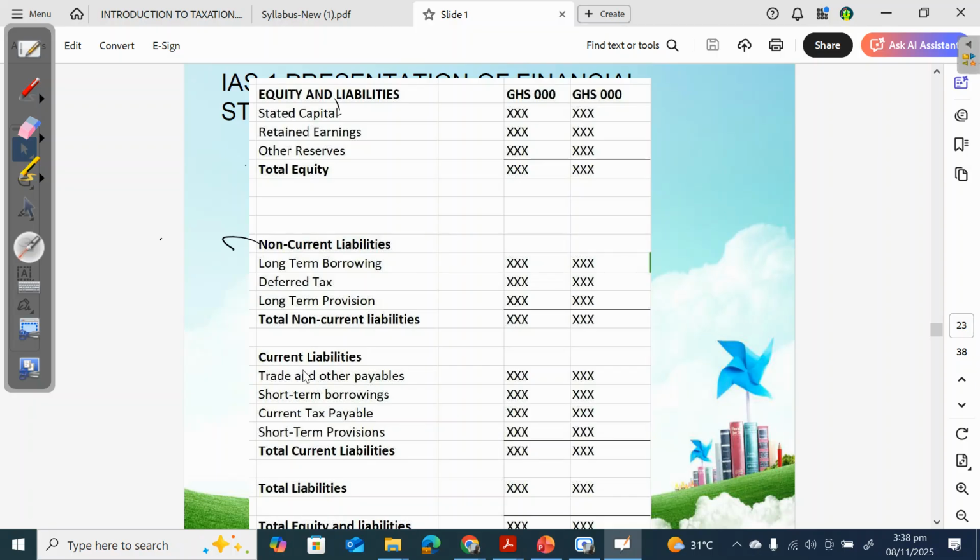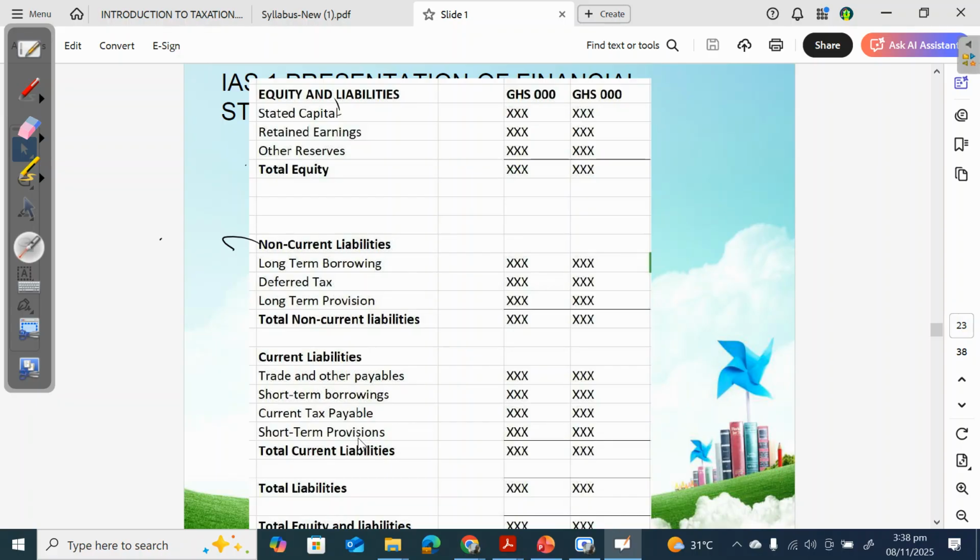When we come to current liabilities, we have trade and other payables. This falls under financial instruments, short-term borrowings. This is income tax. This is provision. A number of the items in the balance sheet have standards, which we use when we are determining their carrying amount.